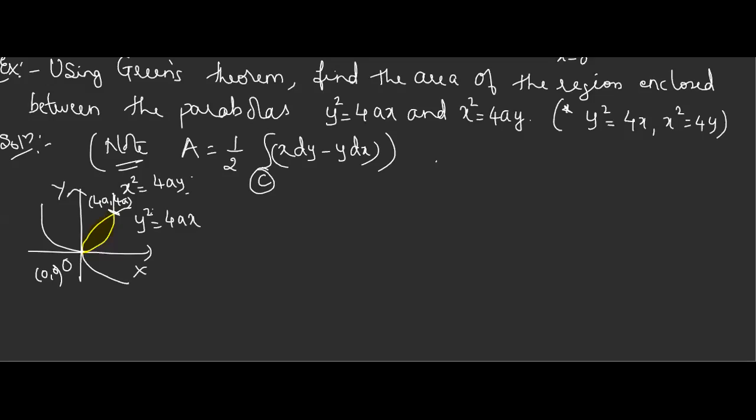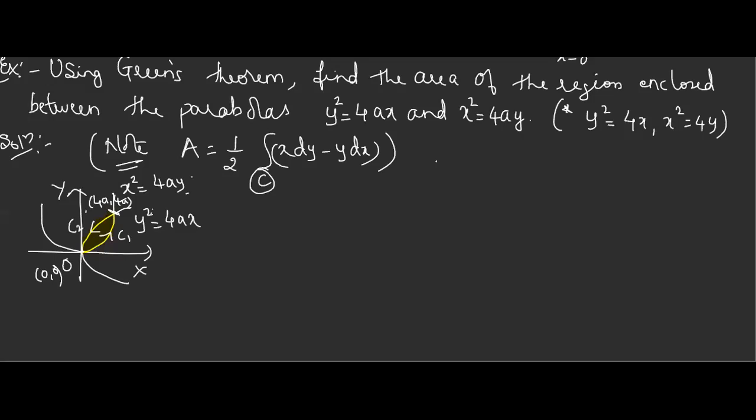Tell me, is this C made up of one path, two paths, or more than two? Two parts. So you can say this is one path, because it is lying on one curve. This path, I'll take it as C1. Similarly, I have got one more path, so this I'll take it as C2.